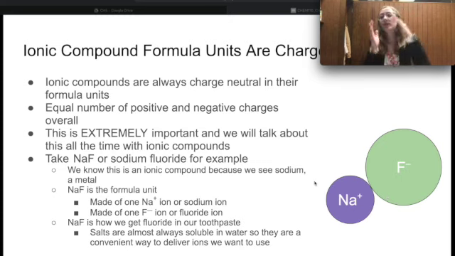If I drew it out, it would have lots of copies of the same thing over and over again to make that repeating solid. So we know right away that sodium fluoride is an ionic compound, and that's because it has sodium in it. Sodium's a metal. If we see something that's a metal, we have an ionic compound. So NaF is the formula unit.